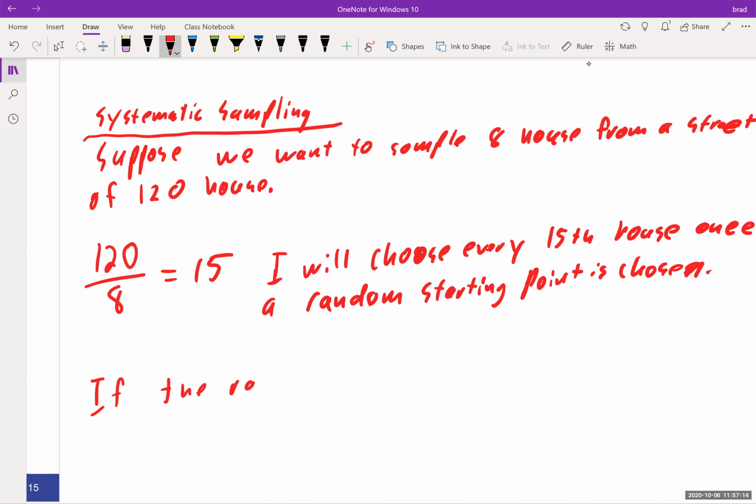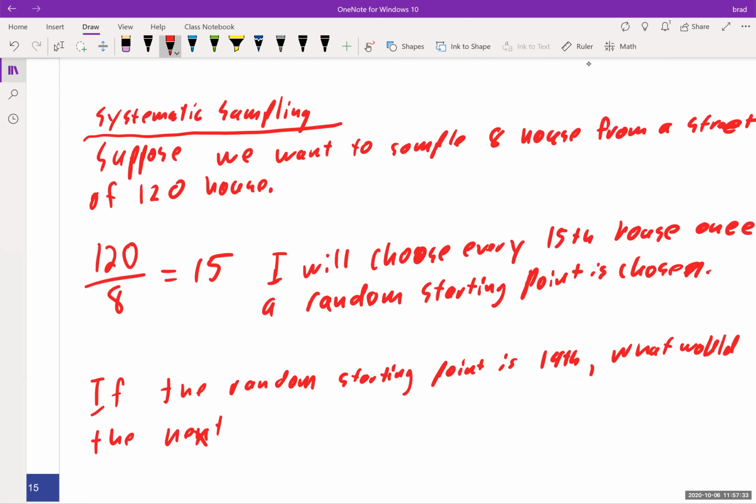So if the random starting point is the 14th house, okay, then choose the rest. What would the next be? So then we're going to have the 14th, then we're going to add 15 and we're going to get the 29th house.